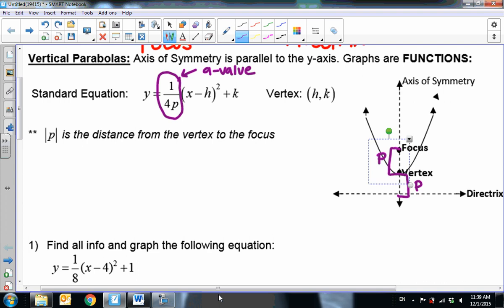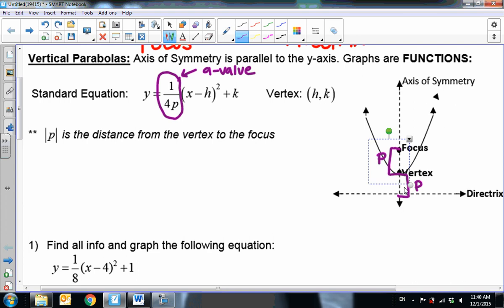Couple things you might want to jot down or remind yourself. Your parabola will always open in the direction of the focus. So if the focus is above the vertex, your parabola is going to open up. If your focus is below your vertex, your parabola is going to open down.